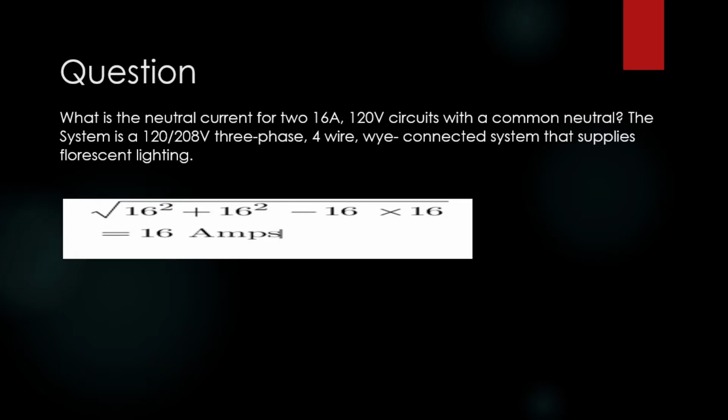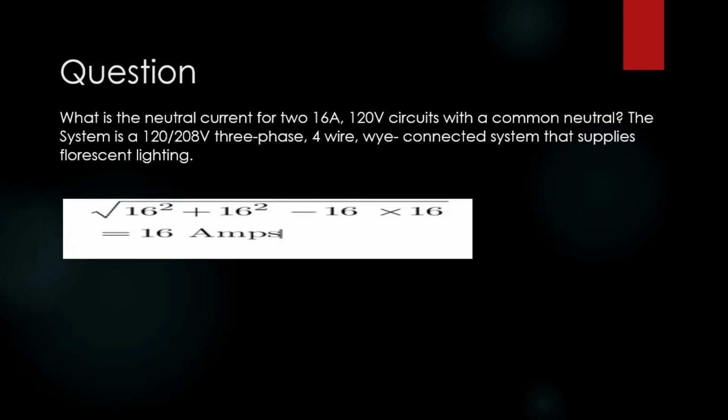It also can apply to a two-phase system as well, otherwise called the three-wire system. So there's a general formula which is used for calculating neutral within the three-phase system, even if two phases are taken out from that system. So this formula is what we use here to obtain the value of the neutral current.